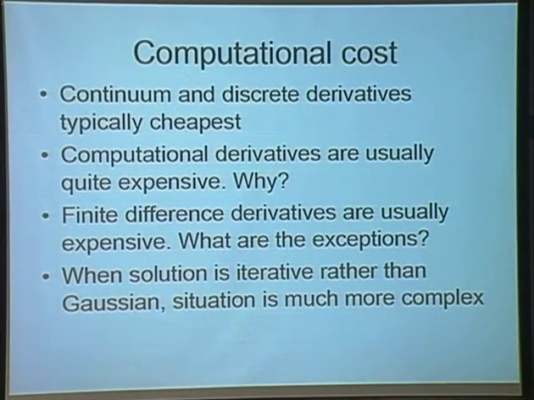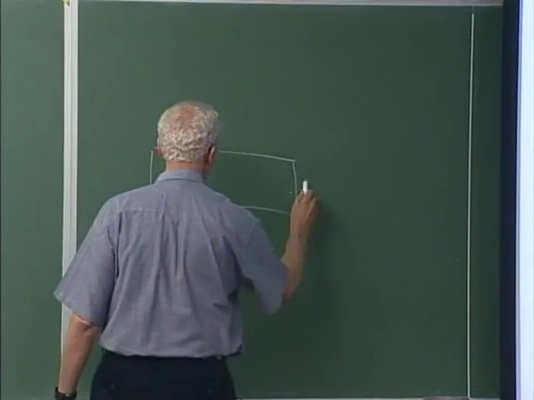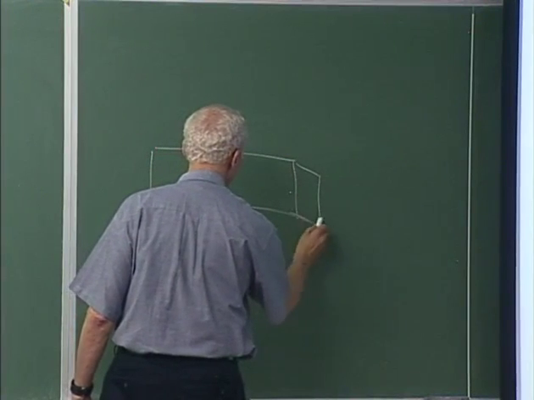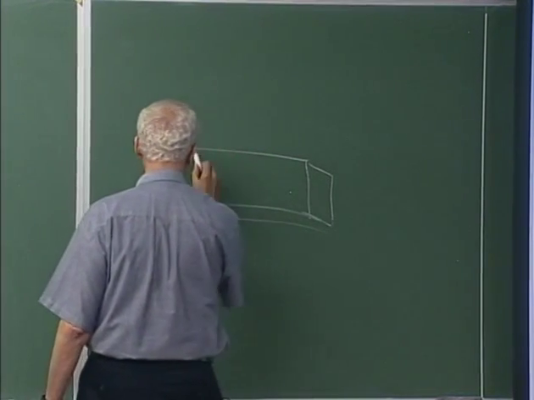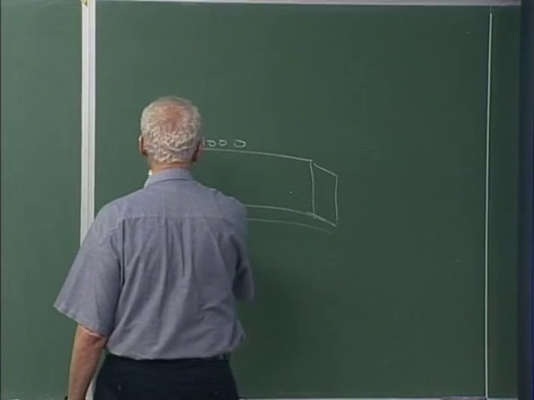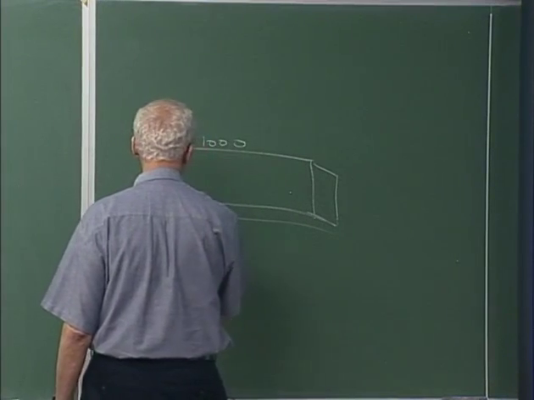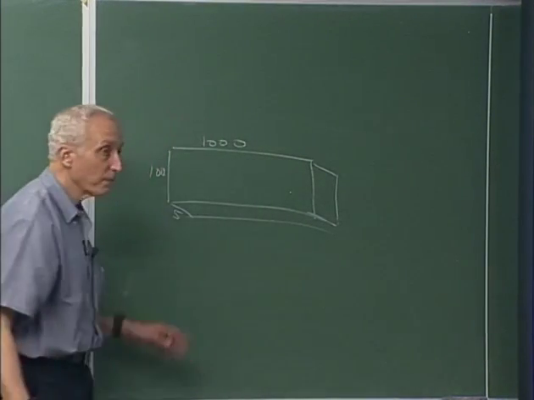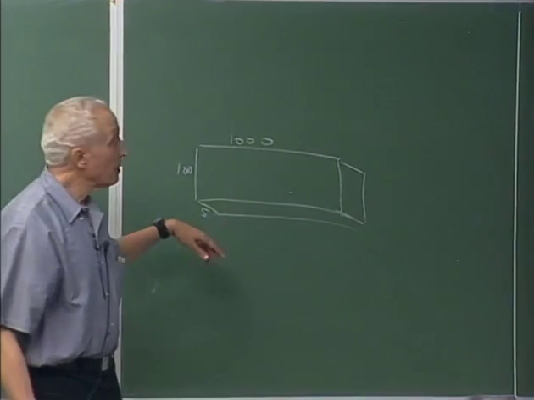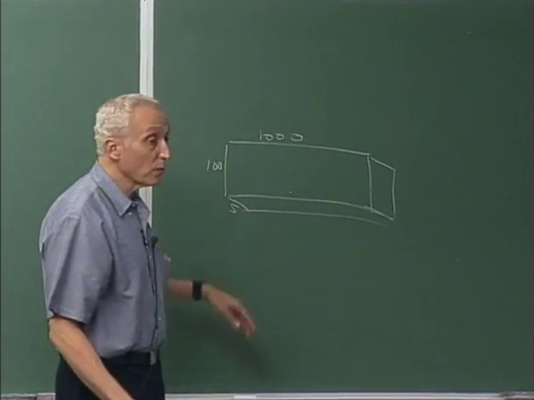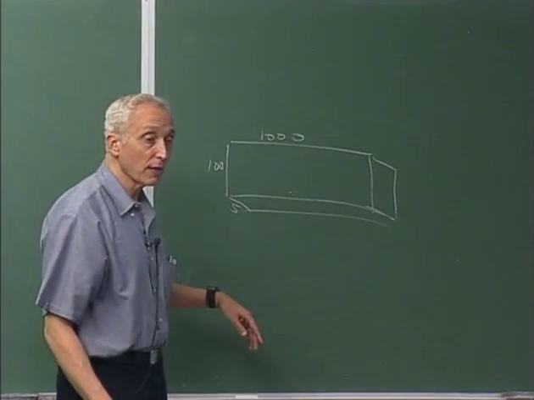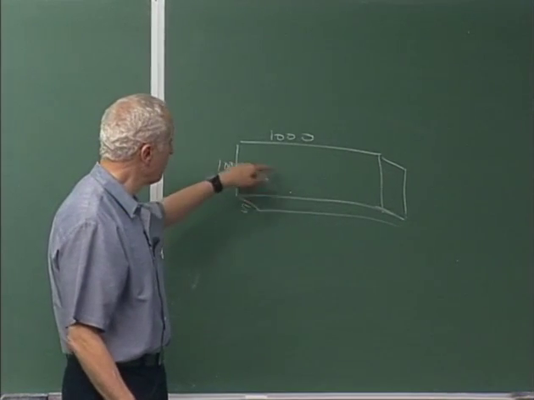So if you have something that looks like that, you may have 1,000 by 100 by 5. Let's say that we are doing temperature analysis with only 1 degree of freedom.